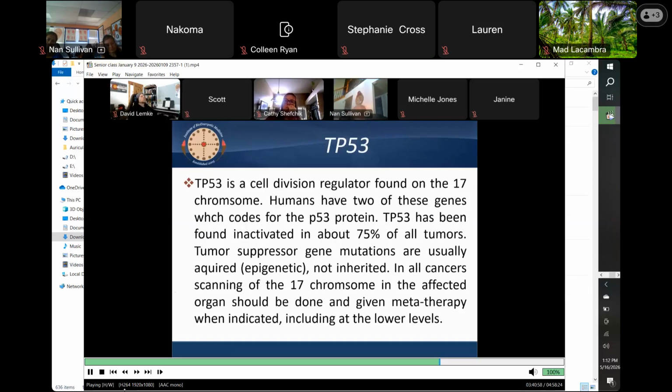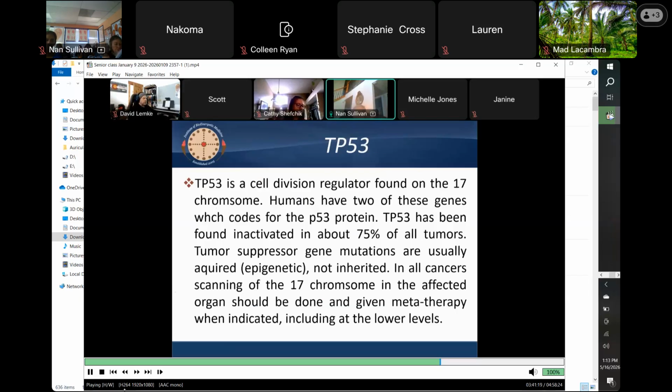On chromosome 17, if you do a scan and look at the chromosomes, you'll notice that mom and dad each give a number of chromosomes to the child.